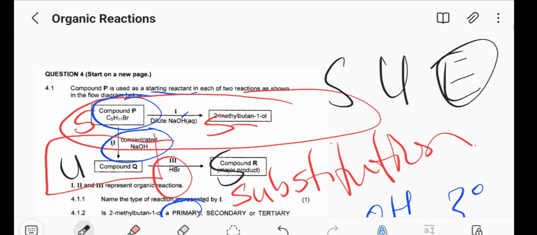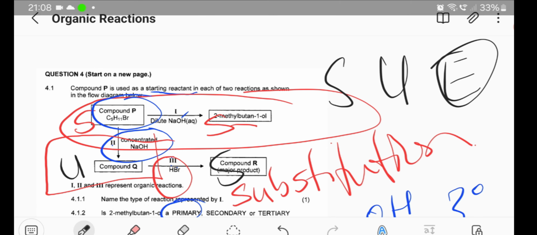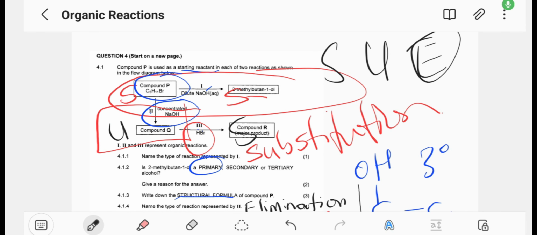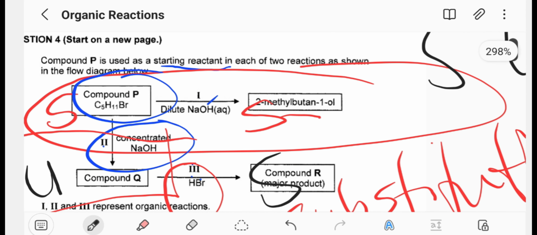I hope you've recognized that all you have to do is tell whether your organic compound is saturated or unsaturated. But the problem starts when you have things such as compound Q, because you don't know whether compound Q is saturated or not.